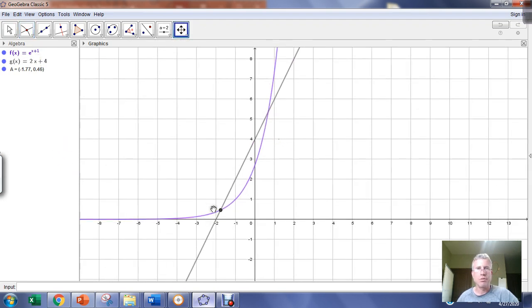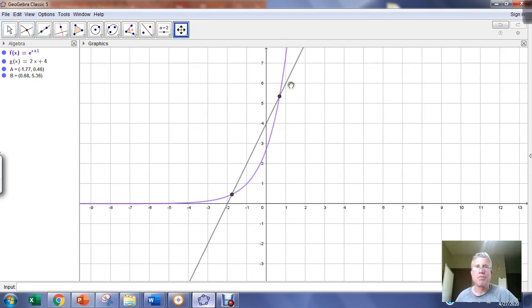Notice that it has only given me one of the intersections, and I had to do it twice to get the other intersection. Or I could have gone in and selected two. Sometimes it'll give you both. I haven't been able to determine why it sometimes gives you all of the intersections at once, and sometimes it doesn't. So again, the idea here is we were looking for the x value.